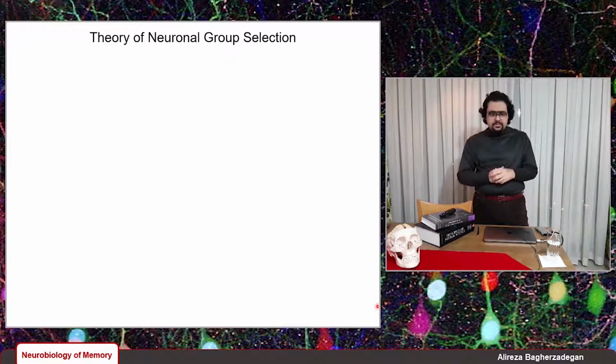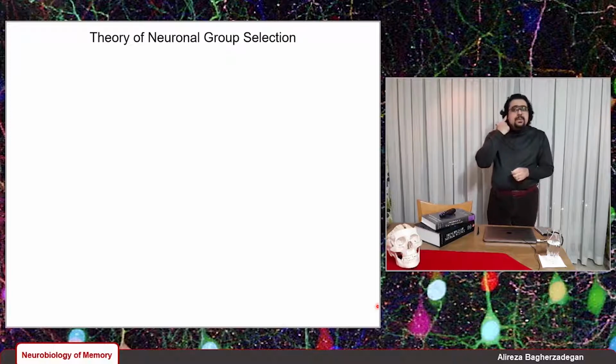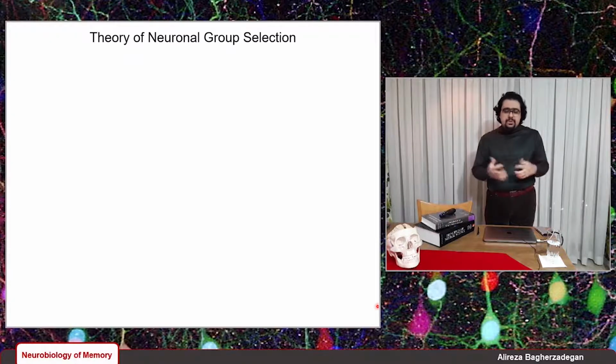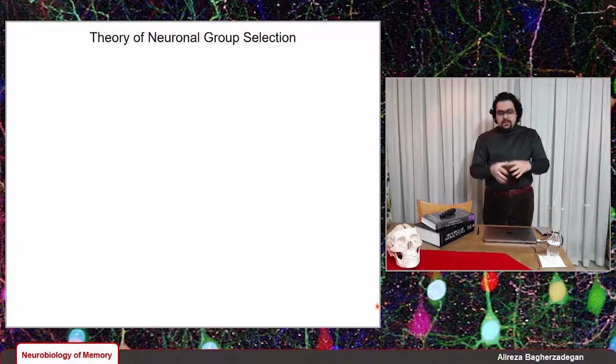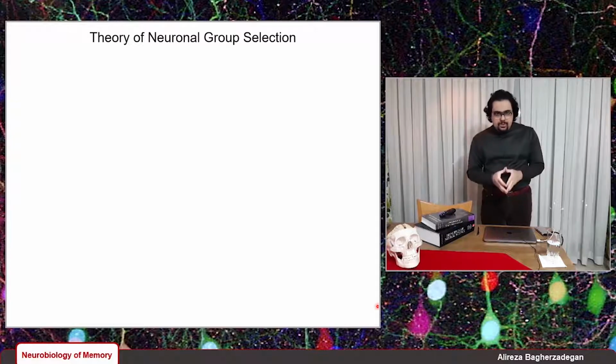Well, the basic concept behind neural Darwinism is that Gerald Edelman, as well as some other scientists and philosophers, and of course me, I'm not a scientist, I'm a student in science, but I also agree with Professor Edelman. Well, Professor Edelman, in his theory of neural Darwinism, believes that the brain is not a Turing machine.